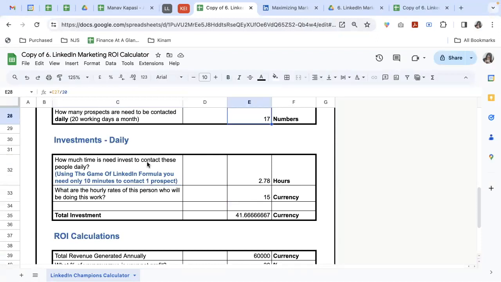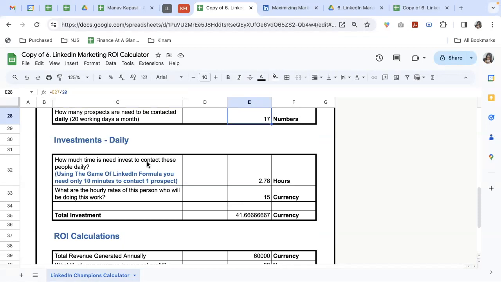If we follow it word to word, A to Z, we have tried and tested it a number of times, and it takes around 10 minutes to create a meaningful connection with a contact. Now it depends on your particular business, the kind of funnel that you have created.